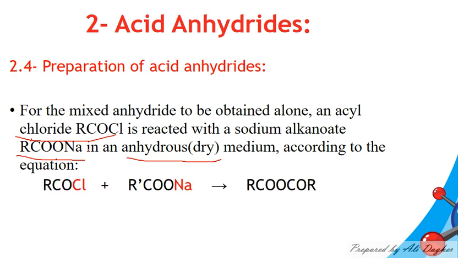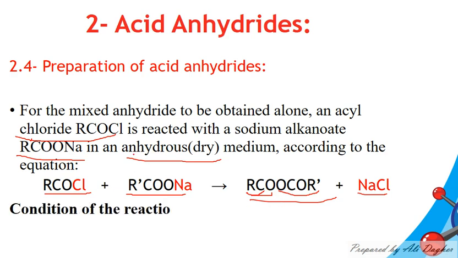The reaction is RCOCl plus R prime COO-Na, acyl chloride of the first and alkanoate of the second. Cl plus Na give NaCl, and the rest of the acyl chloride RCO and the rest of the alkanoate R prime COO. We obtain the mixed acid anhydride alone and with yield approximately 100%.